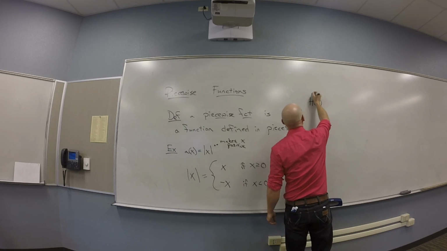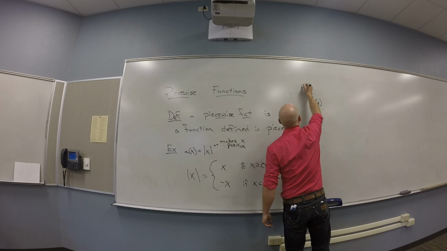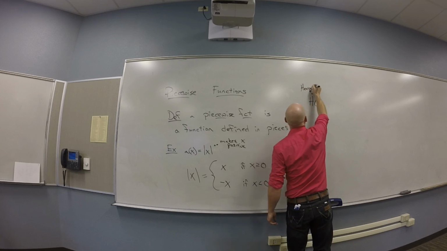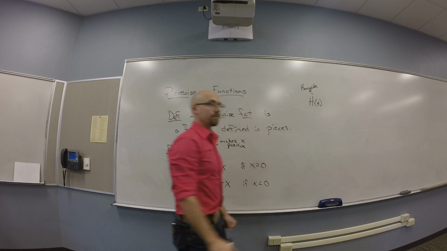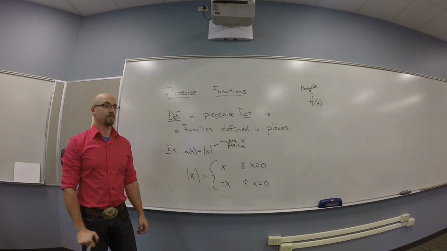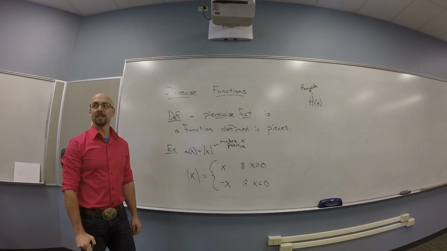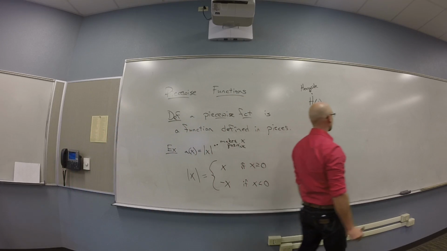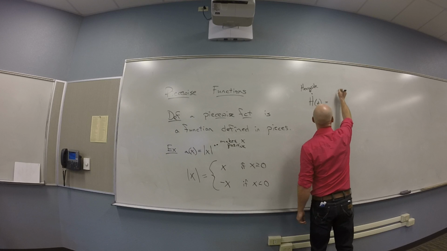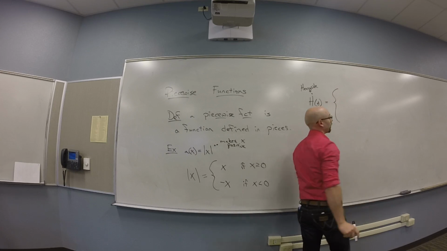Okay, I'm going to give you another example just to illustrate something kind of weird that can happen. This is a classic for engineers. This is called a Heaviside function. Anybody know Heaviside? No? Okay. The Heaviside function is a light switch. So it's divided into two pieces.